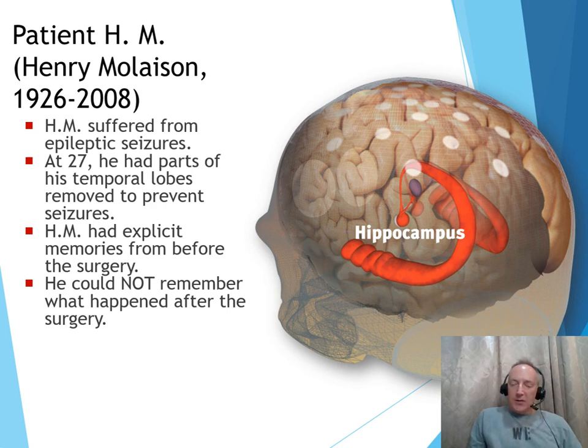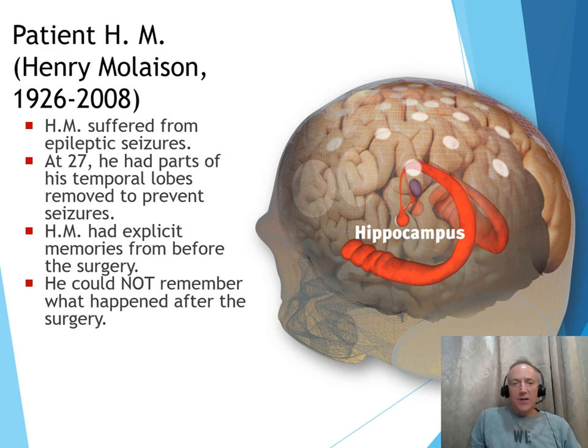The hippocampus, as we learned in Chapter 3, is involved in memory. So with a damaged hippocampus, HM was not able to make any new explicit memories from the time of that surgery moving on.